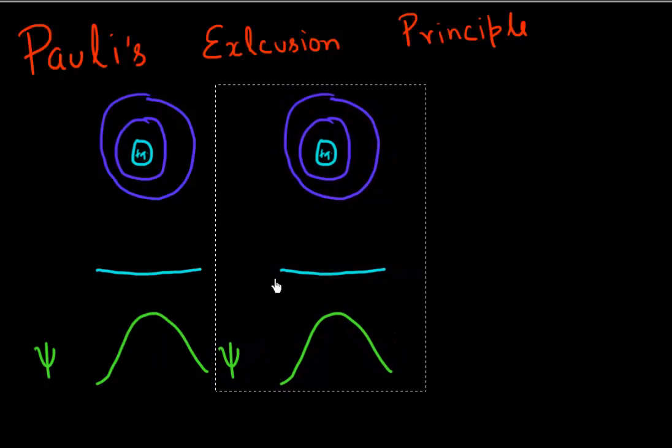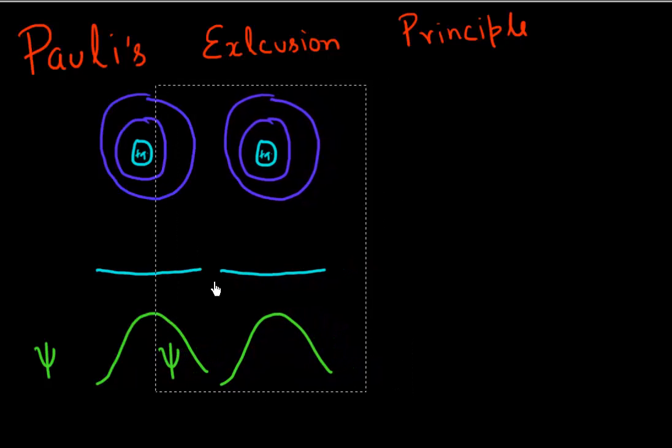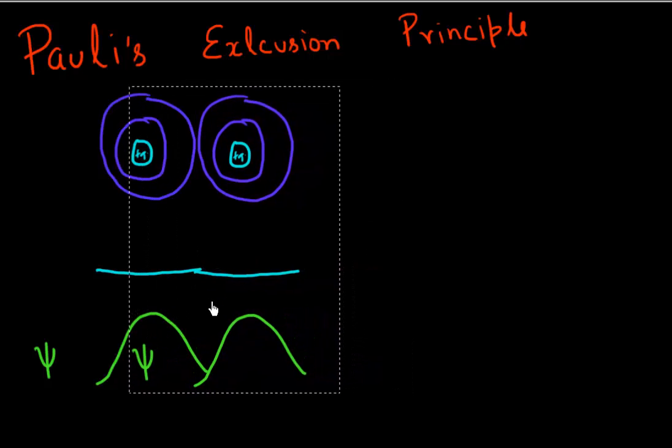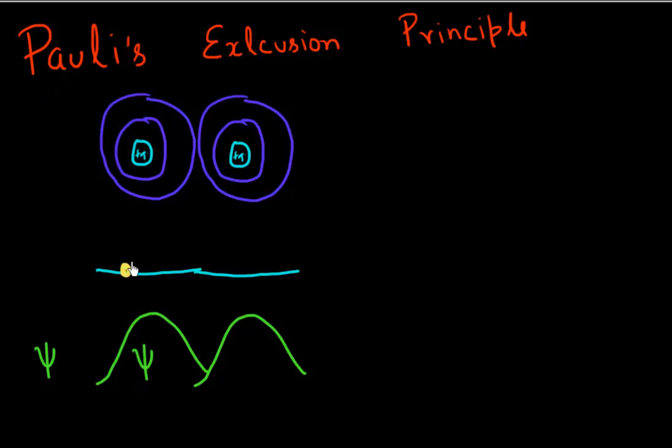If I bring two of these atoms close to each other, these wave functions now start to interact. And now I have a situation where this electron could be either in this particular state, or in this particular state. Both of them are similar states, but by Pauli's exclusion principle I cannot have two electrons in these two identical states.